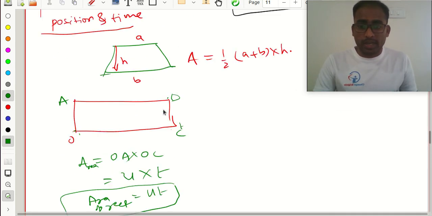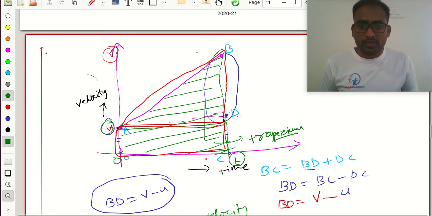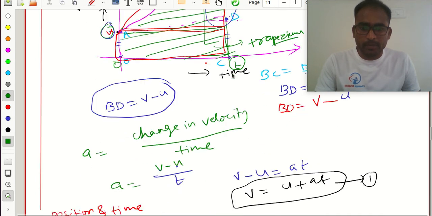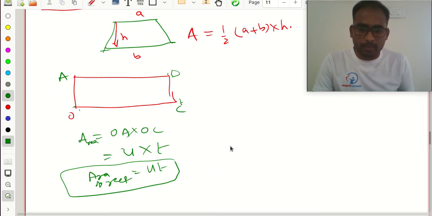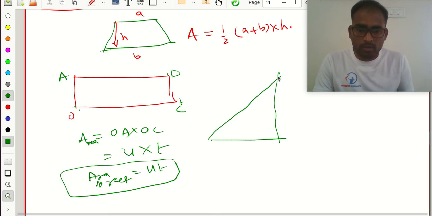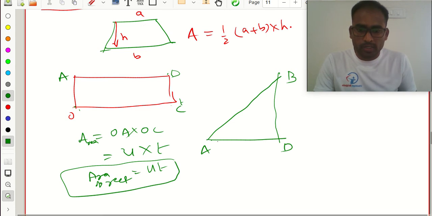This I know. Next, I will find the area of this triangle. Triangle is ADB. So what is the area of triangle?